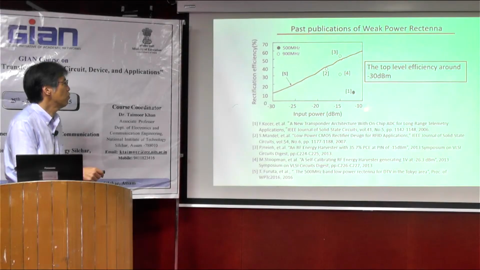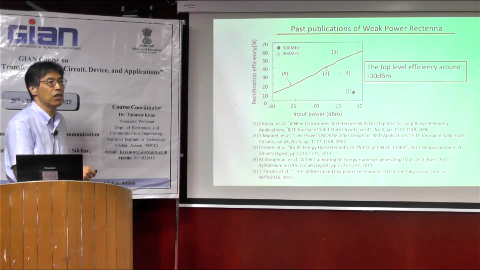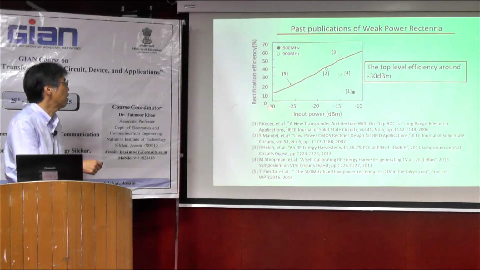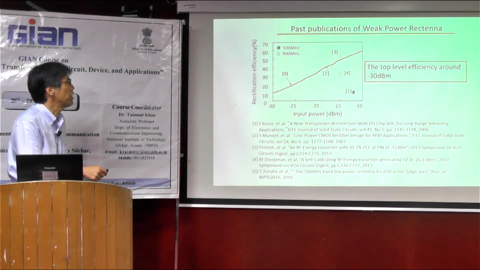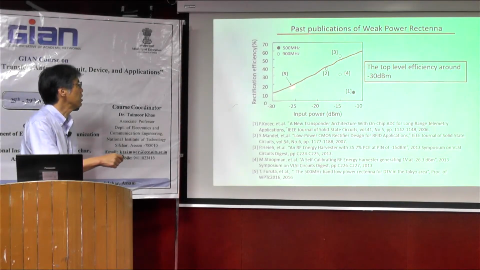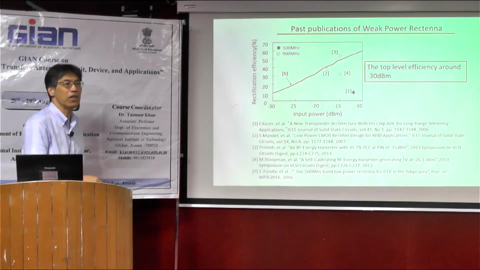Minus 10 dBm indicates 100 microwatt as the input microwave power, and minus 20 is 10 microwatt, and 1 microwatt here. And the efficiency currently is close to 50% around 100 microwatt, and this is real data. Around 1 microwatt input power, it is about 10% only.